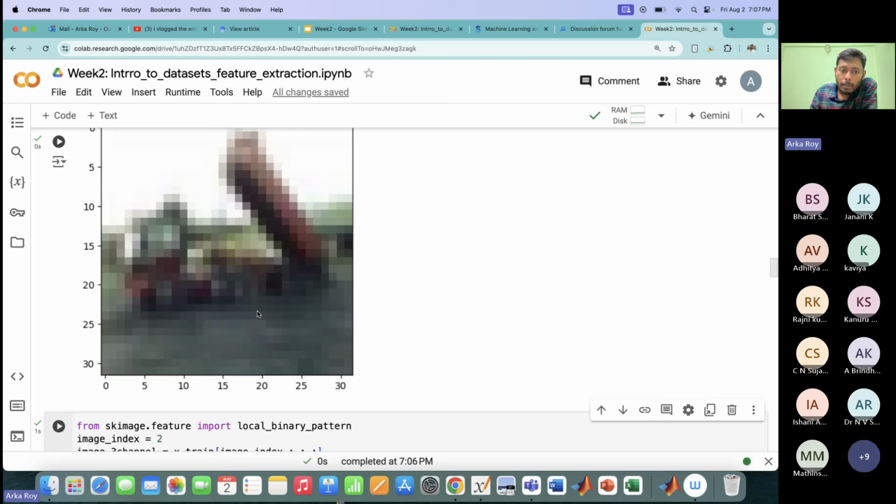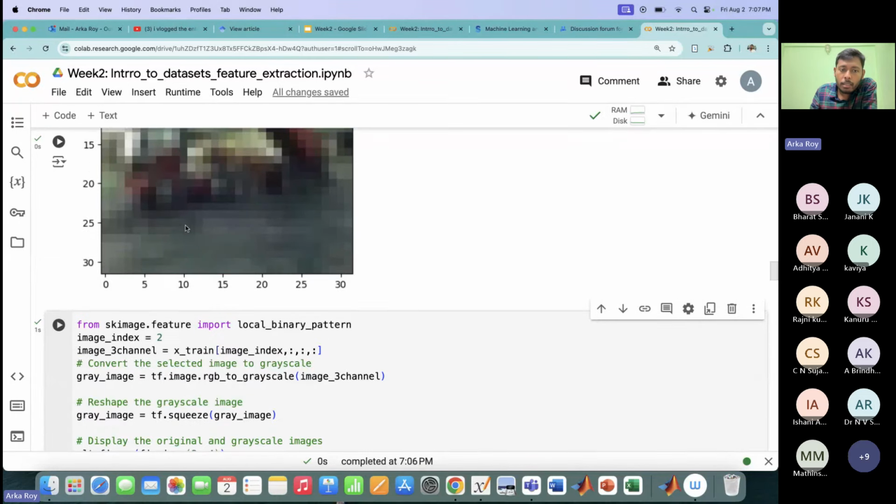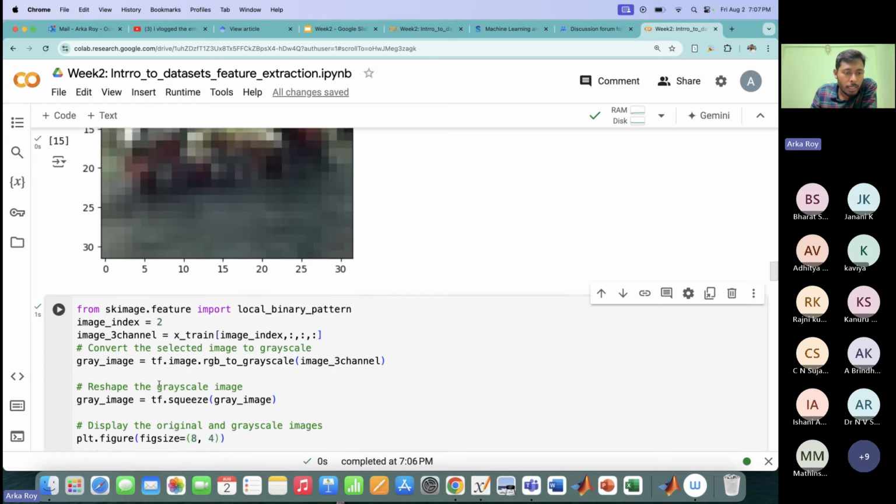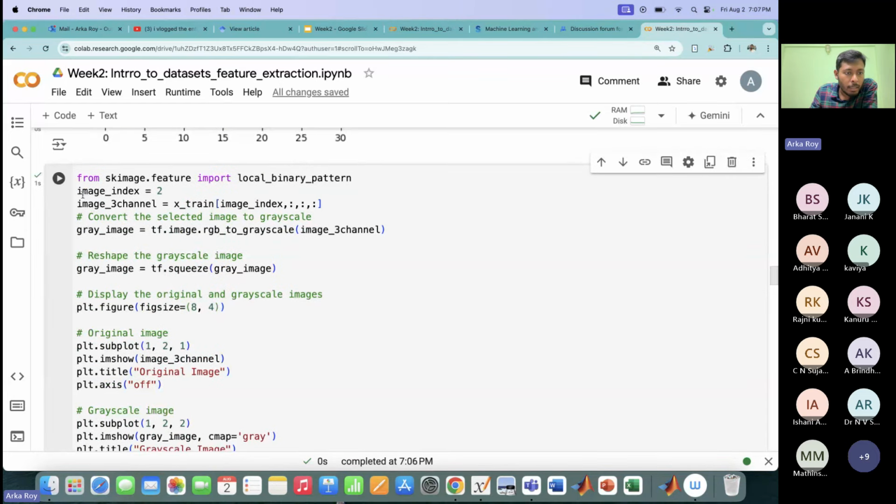So what I am doing is, initially we had this 32 by 32 by 3 dimensional image. I am converting that 32 by 32 by 3 into 32 by 32 by 1. So with a single channel, the RGB image will convert to a grayscale image. That is how I am doing that. Over here you can see that I am extracting the 3-channel image.